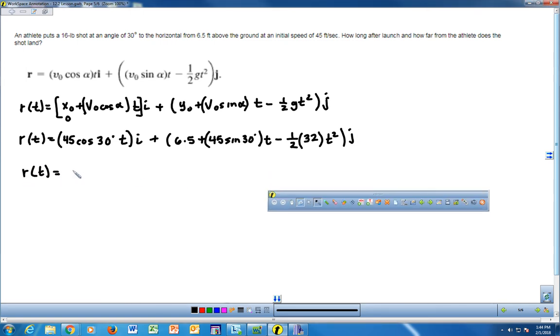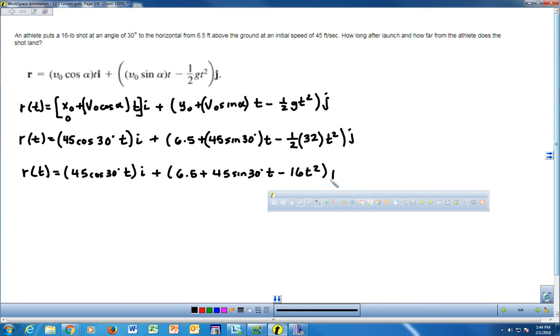So I'm just going to simplify this. The position is going to be given by 45 cosine of 30 degrees t i, that's my i component, which is my horizontal component, plus 6.5 plus 45 times sine of 30 degrees t minus 32 times 1/2, which is 16 t squared, and that is my vertical component, which is my j.